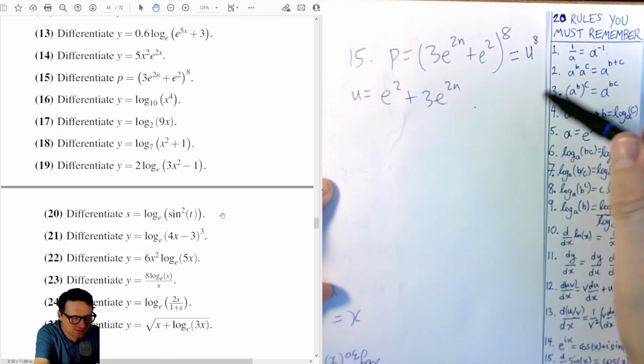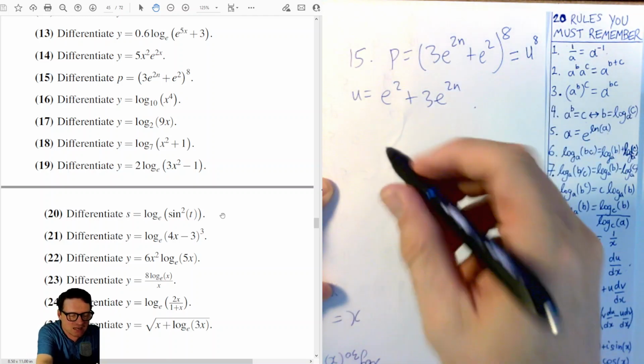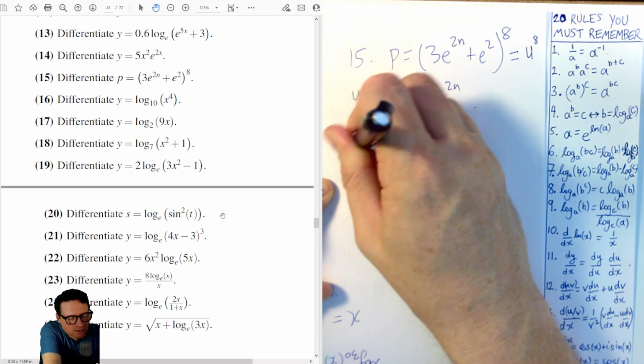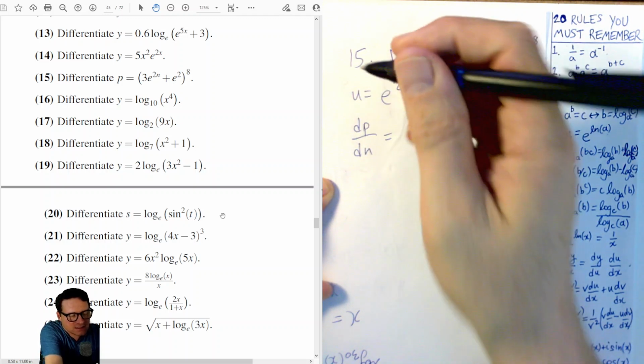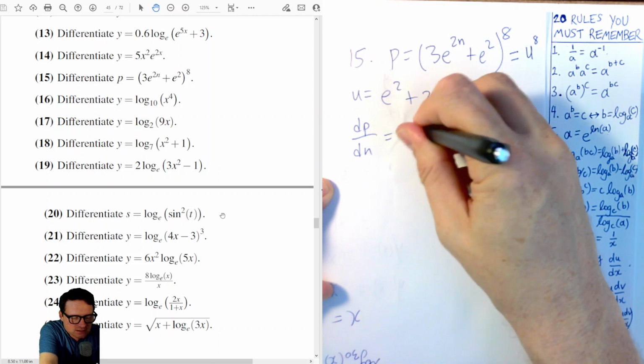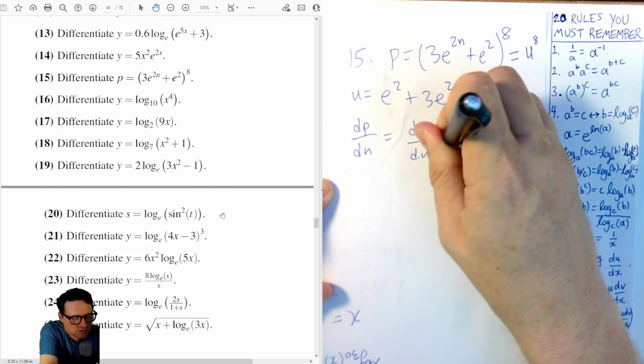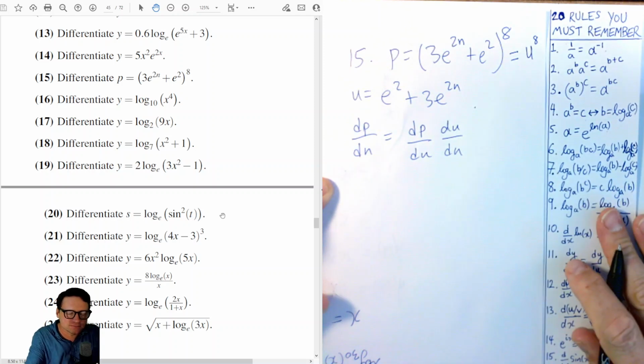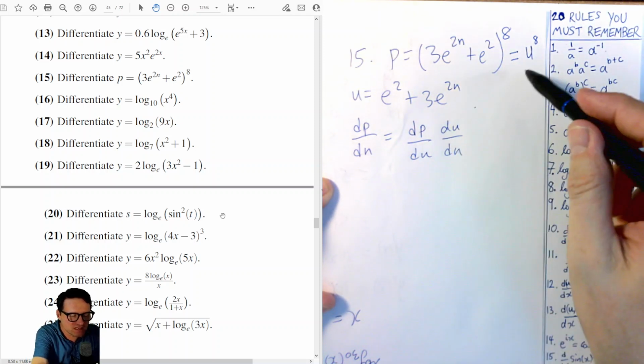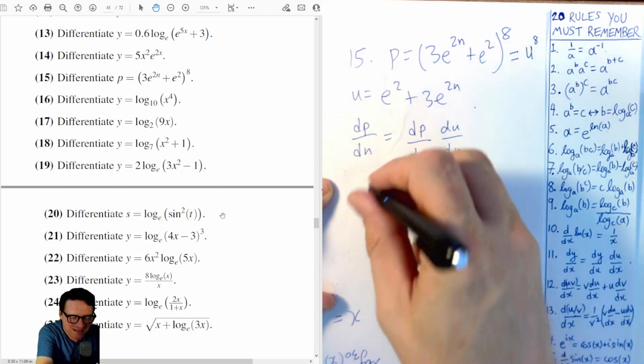All right, now we want to differentiate p with respect to n. So dp on dn is equal to dp on du times du on dn. Now p is u to the power of 8.